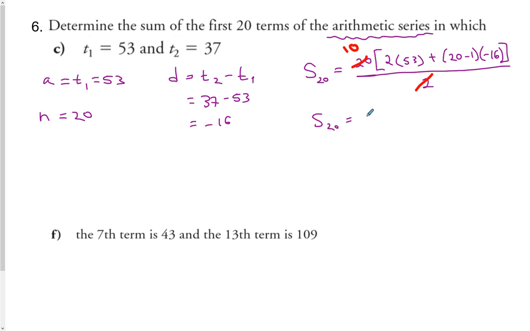Okay, let's simplify this a little bit. Got a 10 out front. We've got 106, which is 2 times 53. 20 minus 1 will be 19 times negative 16. Nineteen times 16, that's definitely one I need a little calculator help on. I know it's going to be a negative number, because it's a negative times a positive.